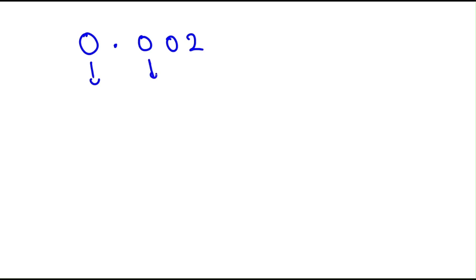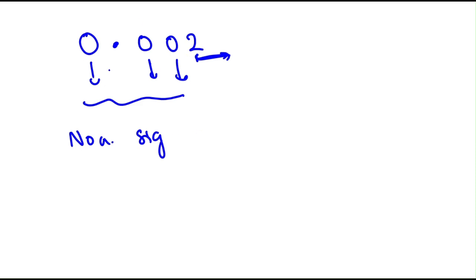We have reported a value with a decimal, and all zeros before any non-zero digit are non-significant, or insignificant figures. But what happens if we write 0.2004?